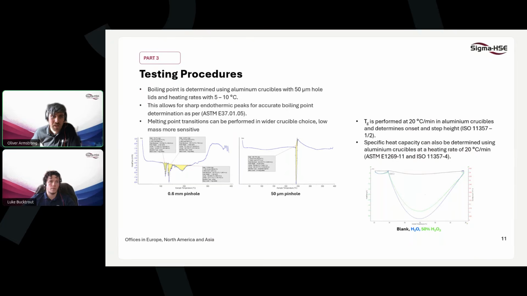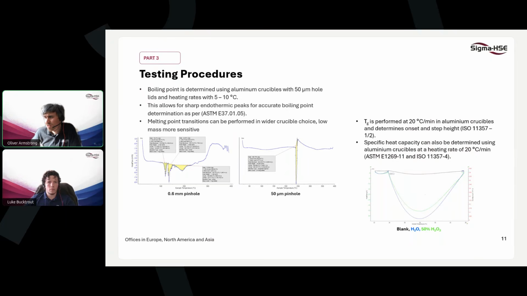Liquids are best characterized with aluminium or some other lightweight material crucibles with hermetically sealed lids, with a very small 50 micrometer pinhole in the lid. We have a demonstration here of two DSC plots of the same sample tested for boiling point, but using different hole sizes in the lids.